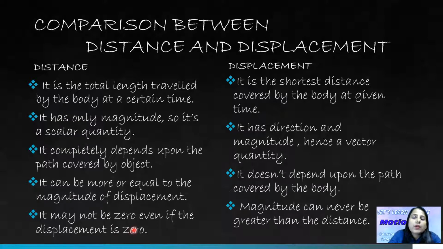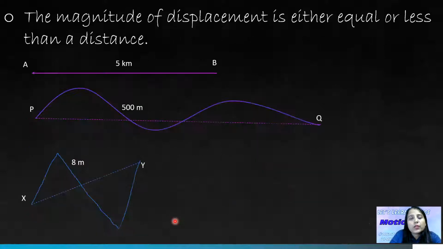Because when you are asked to find out the distance between two given points, there might be some distance between them. Otherwise we can never say it's a null distance. Whereas in case of displacement, we can have 0 displacement. How and when, I will be discussing later. Displacement can be 0.